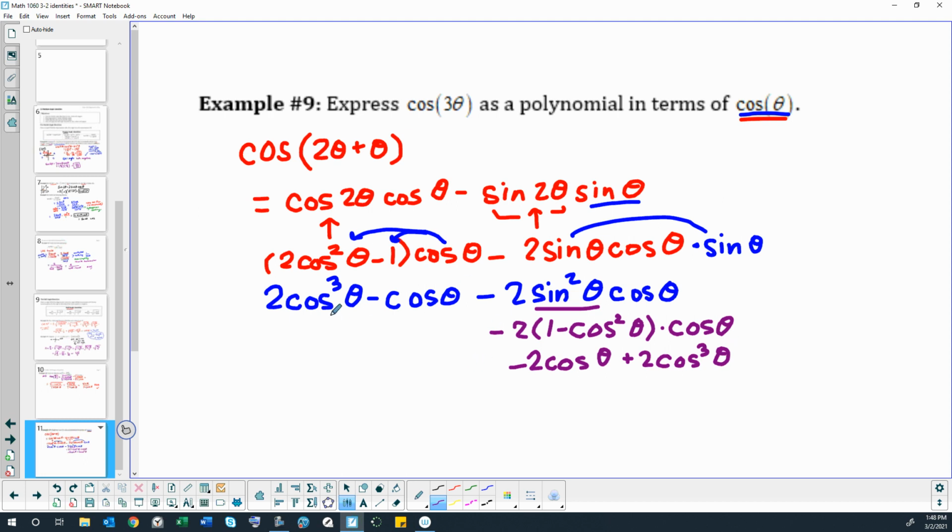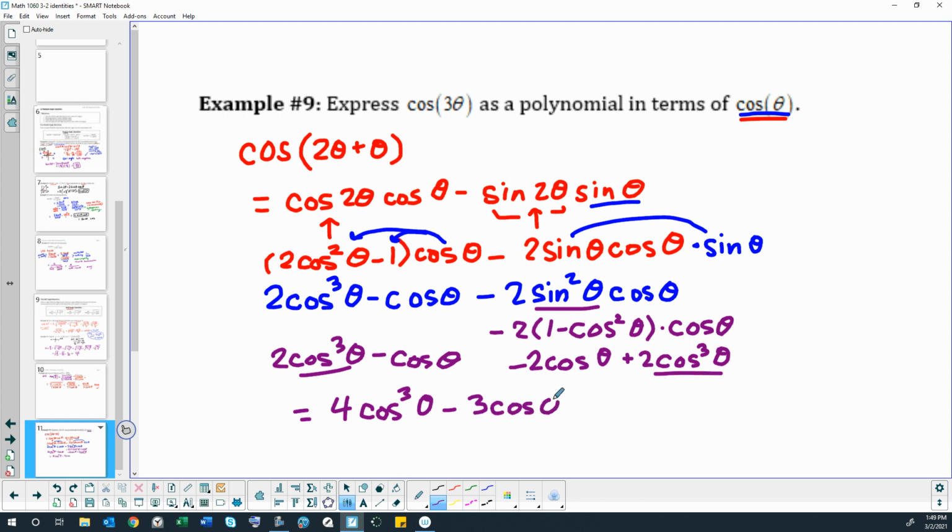And we're going to combine that onto what we already have. So we already have this 2 cosine cubed theta minus cosine theta. So now putting those together, we end up with 4 cosine cubed theta, because I added this term and that term together, and then minus 3 cosine theta, because I combined those 2 terms together, here and here.